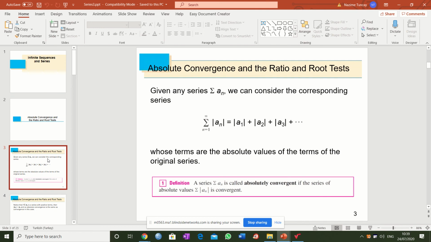This is the third one. Again, this is another presentation about series, and you can see that now we have the absolute value of an infinite series. This series is called absolutely convergent if the series of absolute values is convergent. Now we are talking about absolute values.